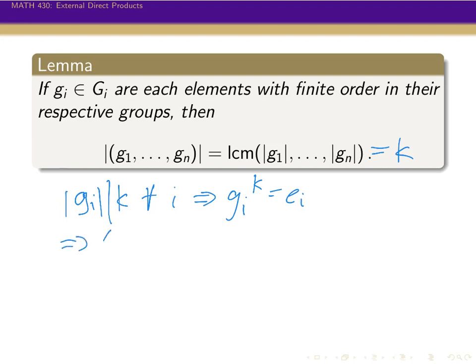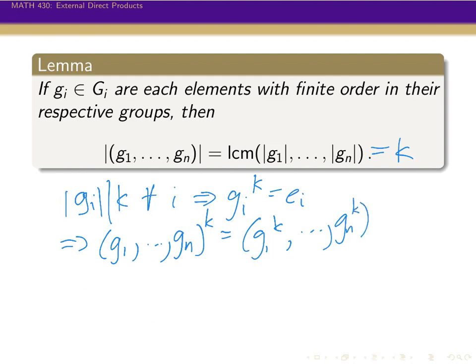And so our element raised to the Kth power is just doing it to the Kth power component by component, which is going to give us all identities, and this is the identity in the direct product.